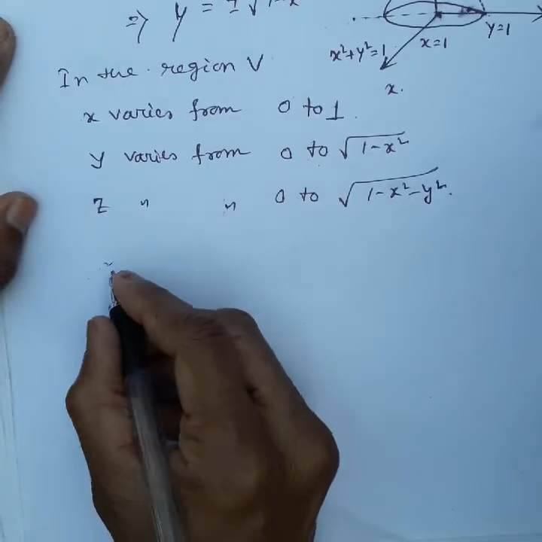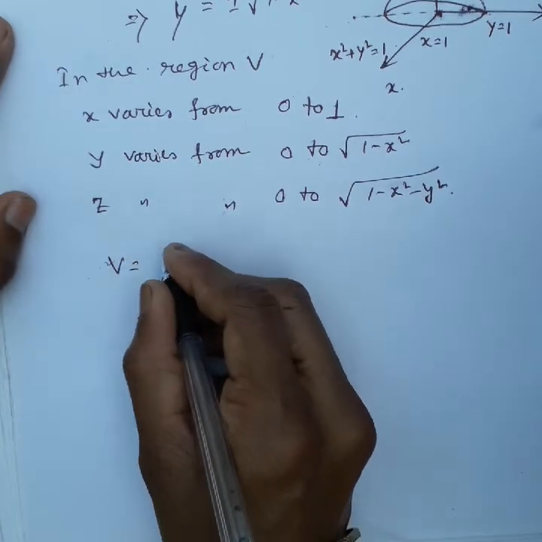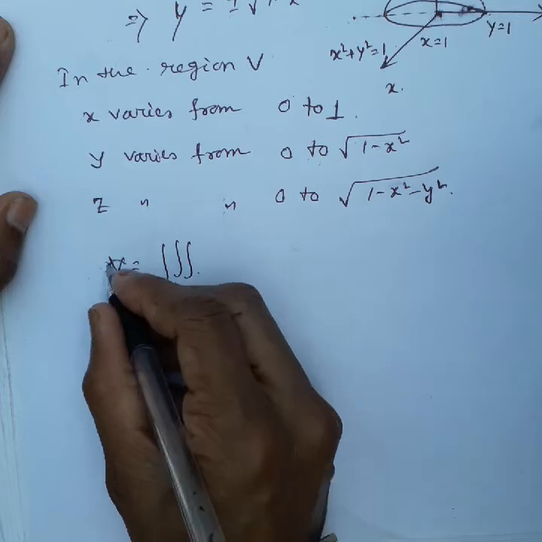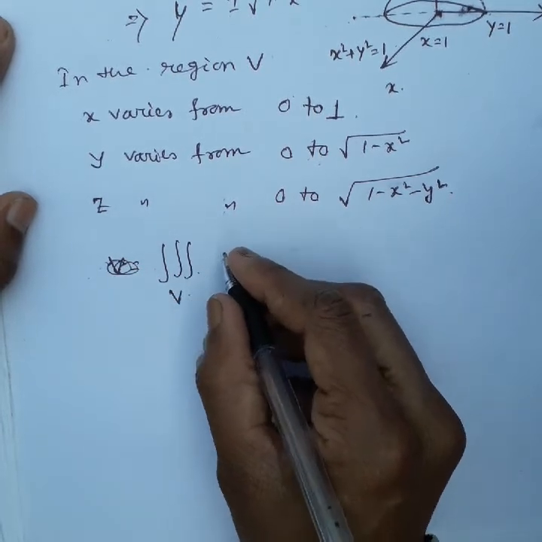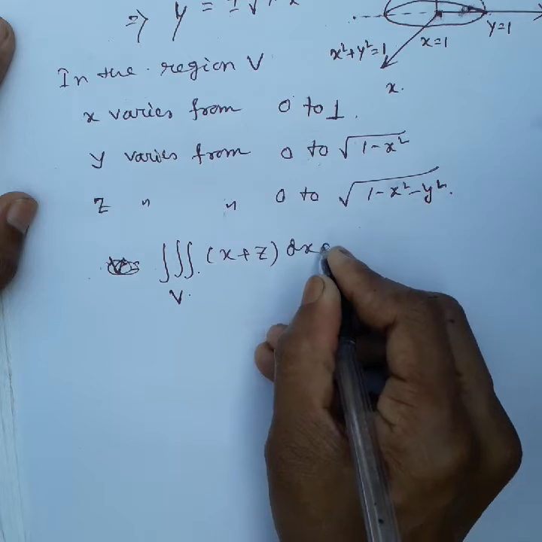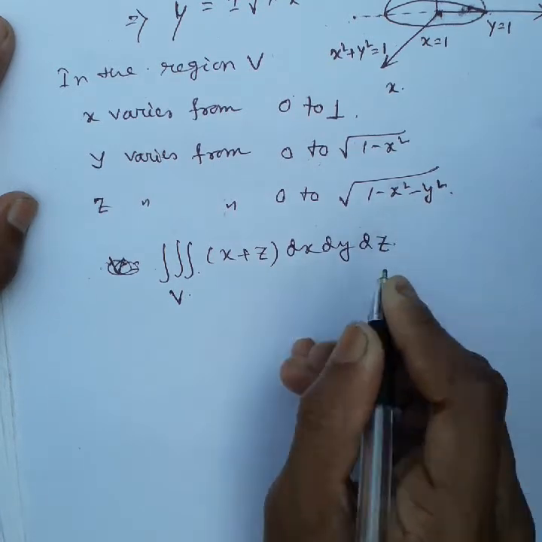So the volume integral V is equal to this triple integration over V of x plus z dx dy dz.